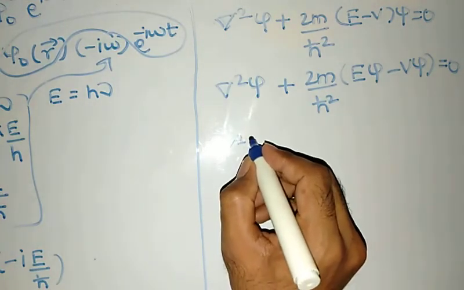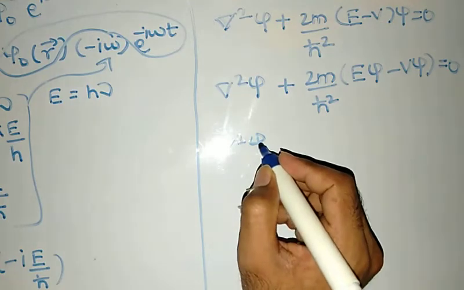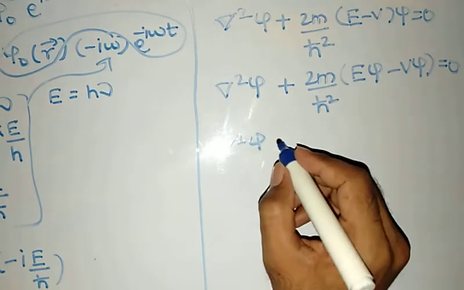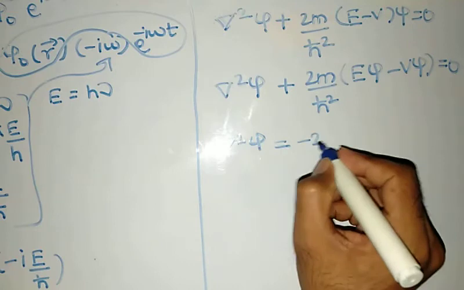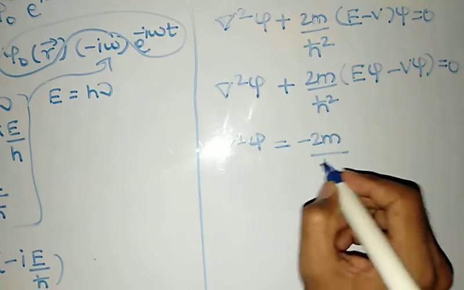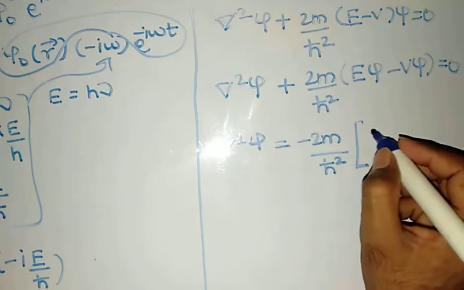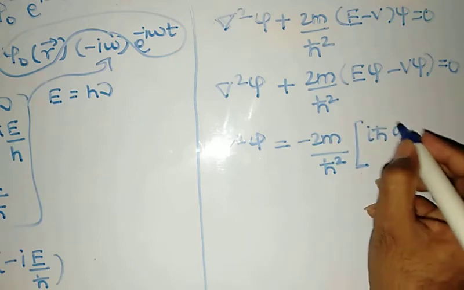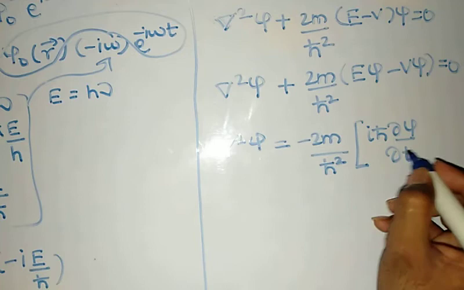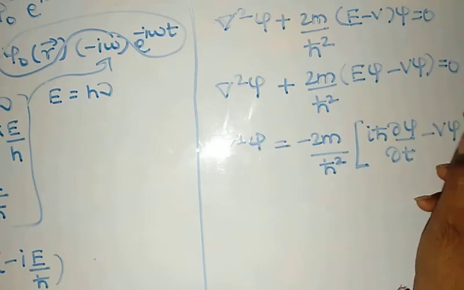So del square psi is equal to, shifting, minus 2m upon h cut square, and E psi, that was i h cut deva psi upon deva t, minus V psi.